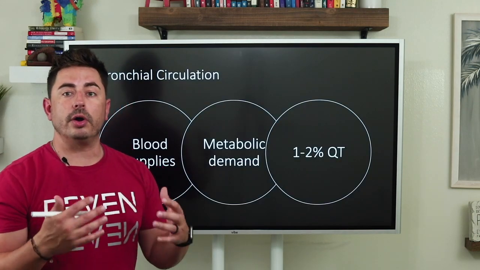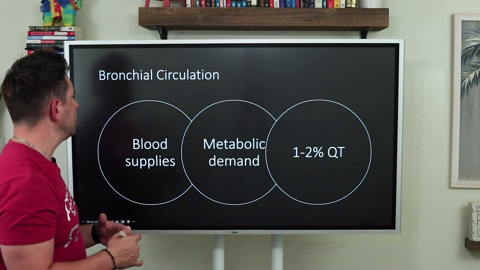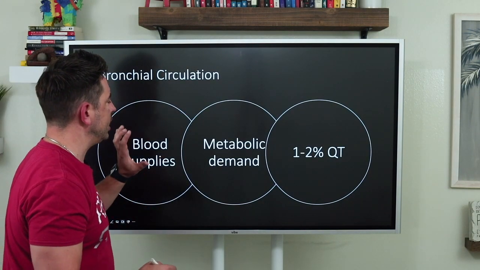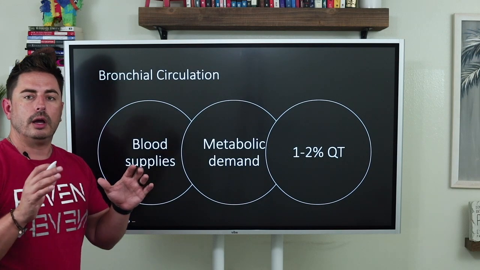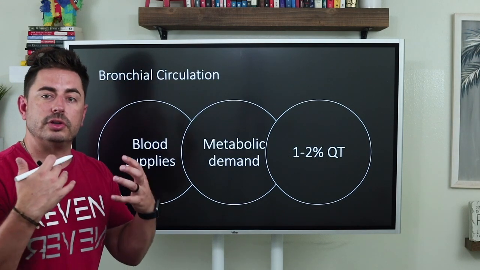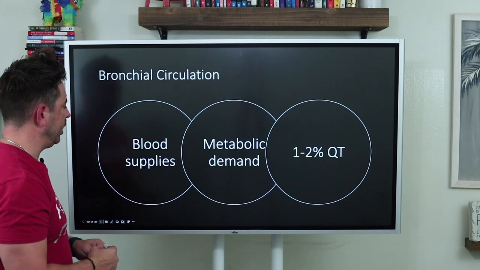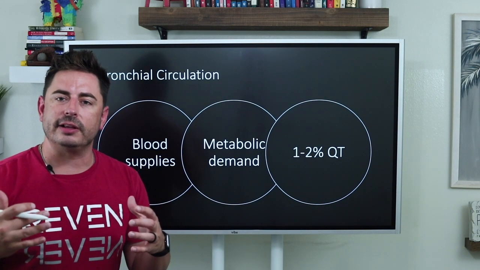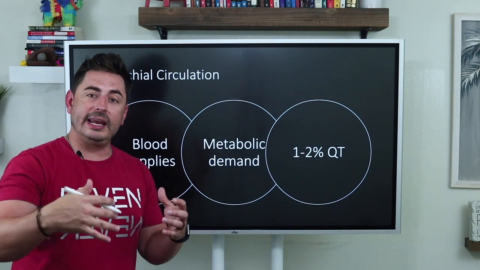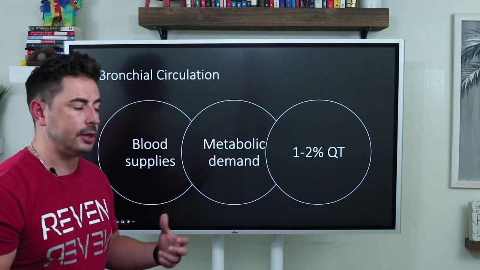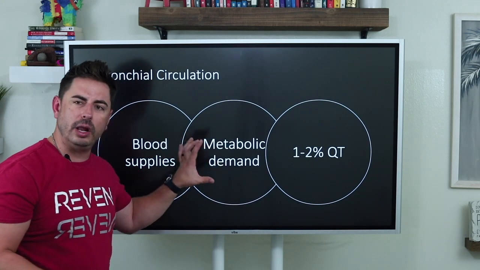Moving on to bronchial circulation. Remember, this is the circulation that is going to take care of getting blood to the trachea and the conducting zones and to the outlying parenchyma. There's not a high metabolic demand when it comes to getting nutrients to those conducting zones. So the metabolic demand is relatively low.